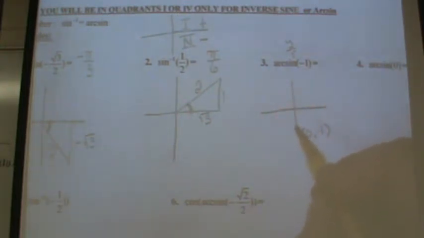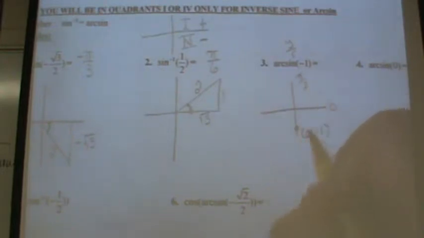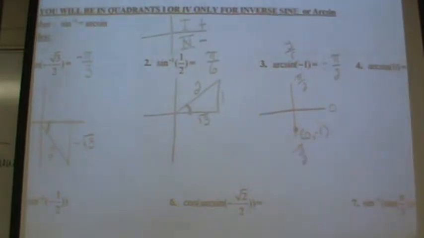So if we're at 0, -1, what angle is that? That was pi over 2, that was -pi over 2. So if we're at 0, -1, we're at -pi over 2.